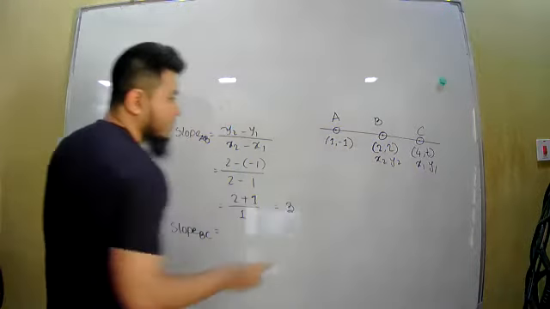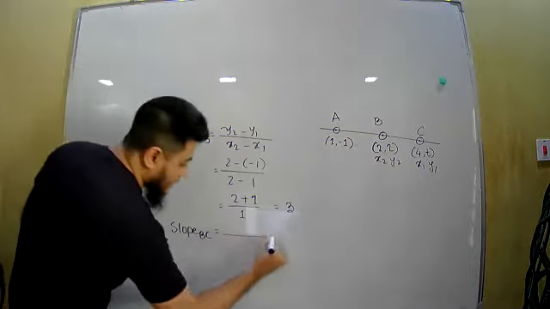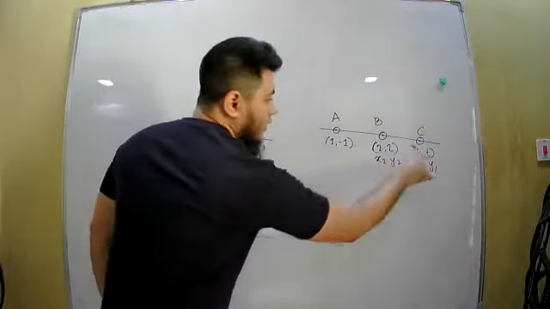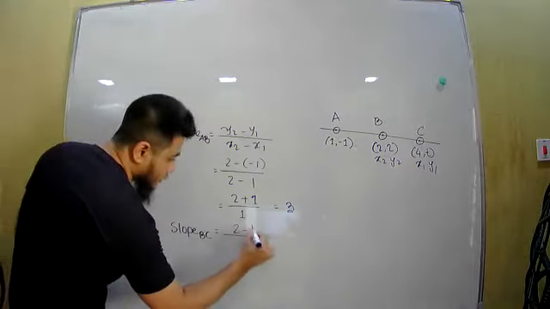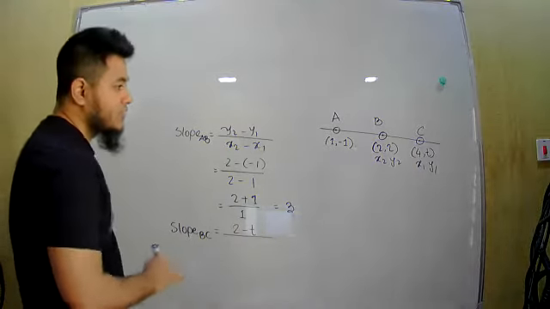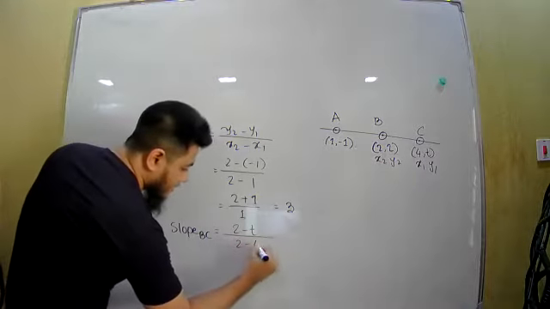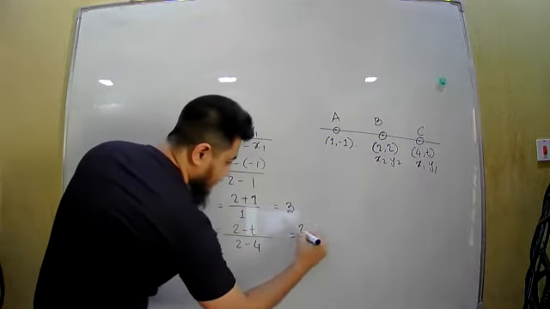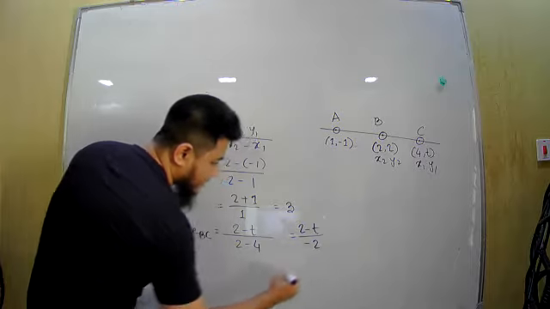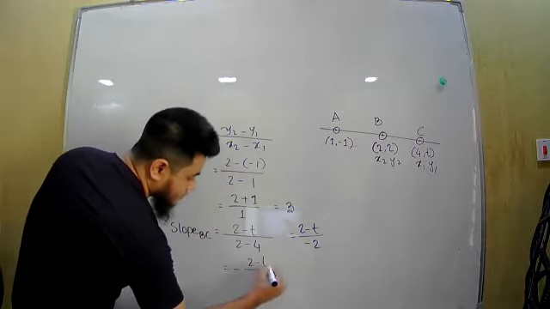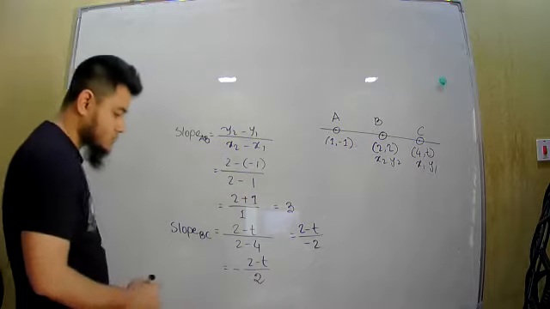The formula goes y2 minus y1. y2 is 2, y1 is t. So 2 minus t divided by x2 minus x1, which is 2 minus 4. So it will give us 2 minus t divided by minus 2. We can write the minus here: minus of 2 minus t by 2.